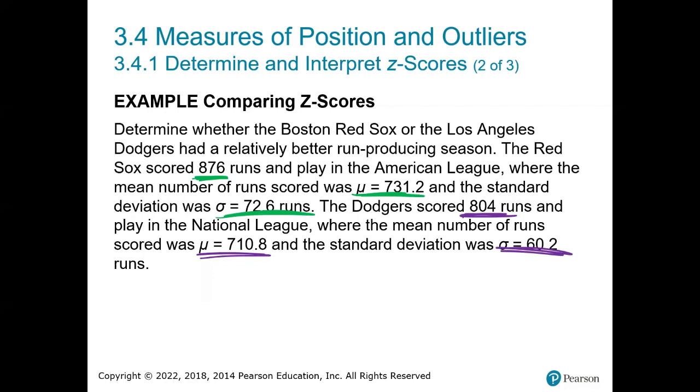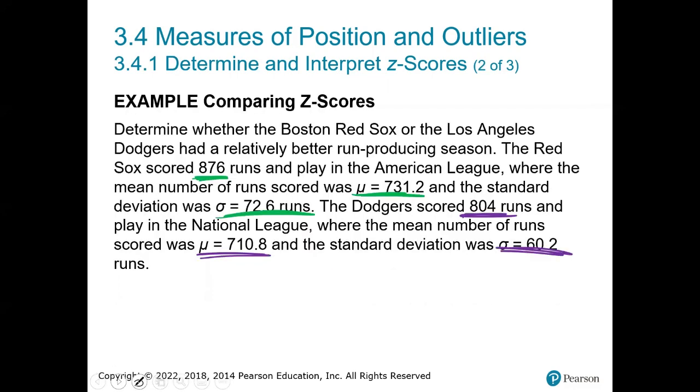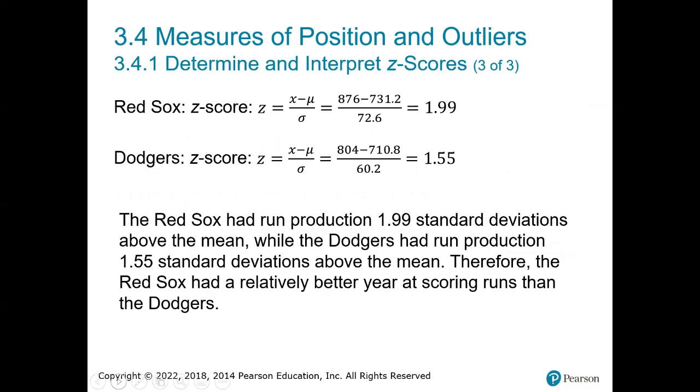What you are going to do is then conduct the equation of taking your data value minus your mean and dividing that result by the standard deviation. I'm going to do that on the next slide. So 876 is the data value, minus the mean, 731.2. Take that result and divide by 72.6. That gives me a value of 1.99. So I am just shy of 2 standard deviations above the mean.